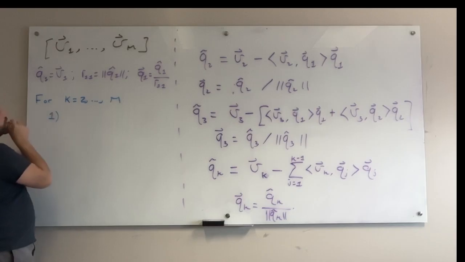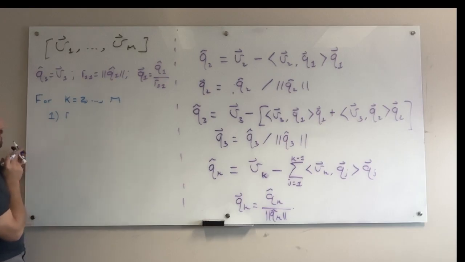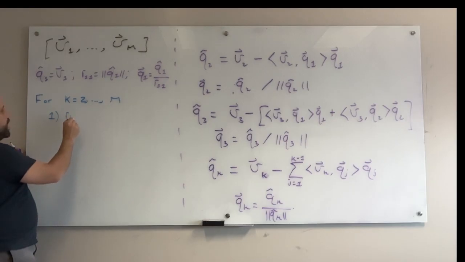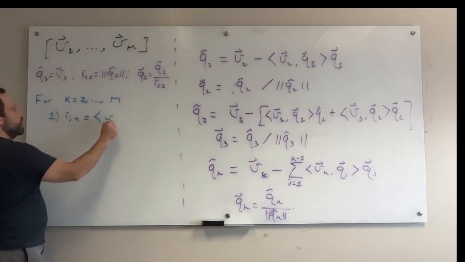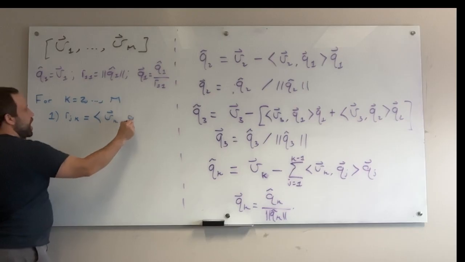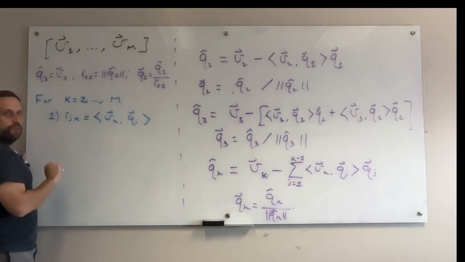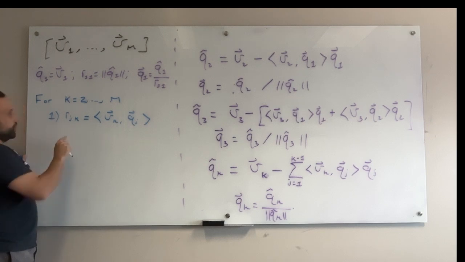First, I need to make sure that I get this right: rjk is equal to the inner product of vk and qj. I've made this video before. This is the second time I made the video. The first time I had rkj instead of rjk, and it's not a huge deal, but it messed everything else up, so I wanted to make sure that I didn't make that mistake this time.